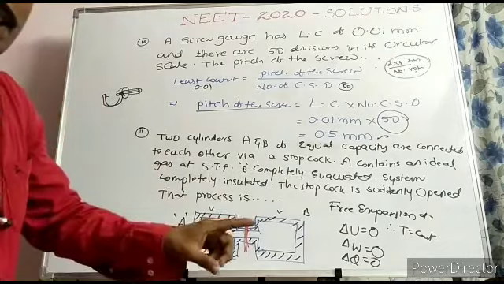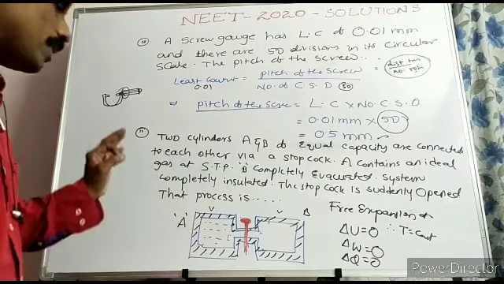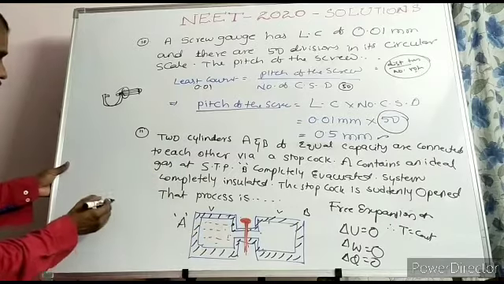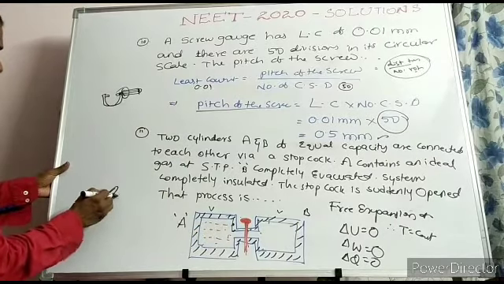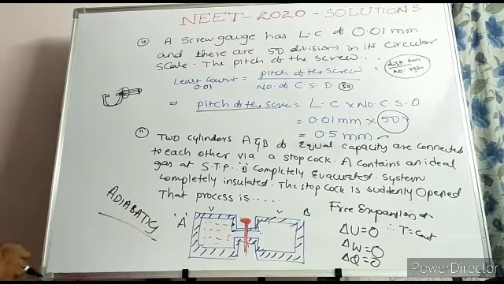There is no transfer of heat energy from system to surroundings or from surroundings to system. That's why it is considered an adiabatic process. Clear?